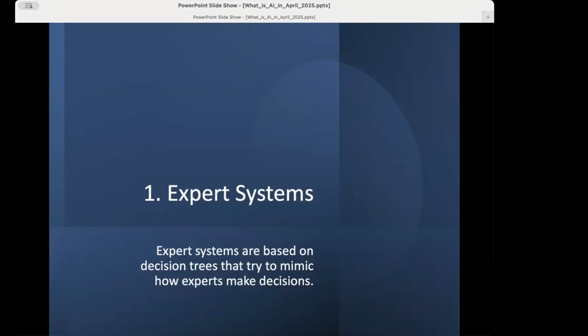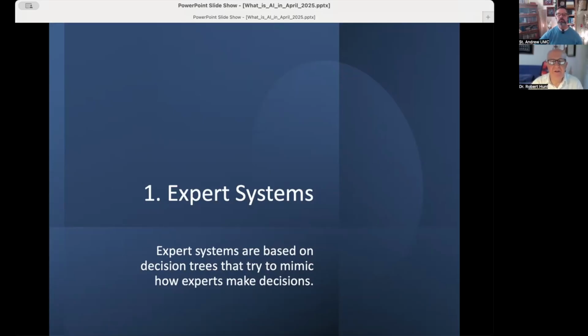If you have another problem, do this and this. So it essentially tries to capture the way an expert would work through a problem by having decision points along the way. The first expert systems were for medicine. How would you do a diagnosis? You test on these 5 things. If you see this and this and this, then you go this way. If you see something else, you go a different way.